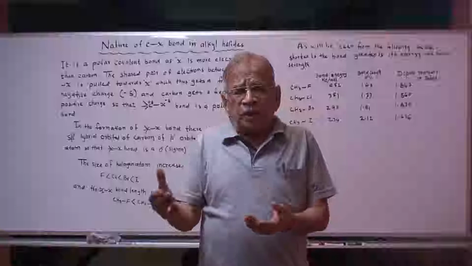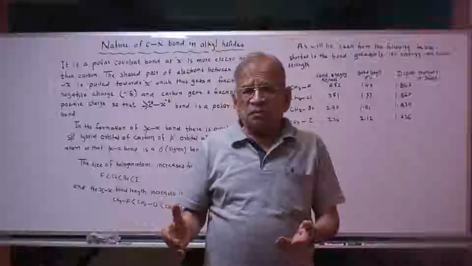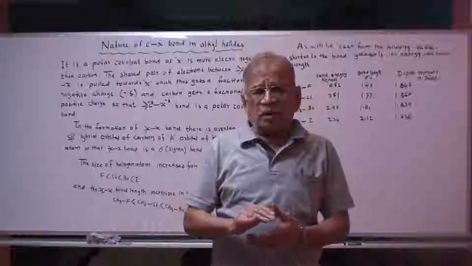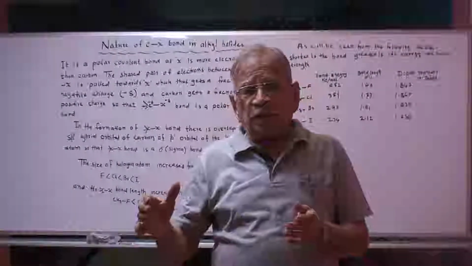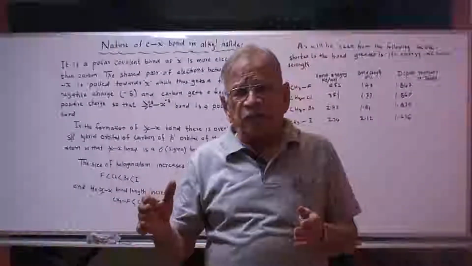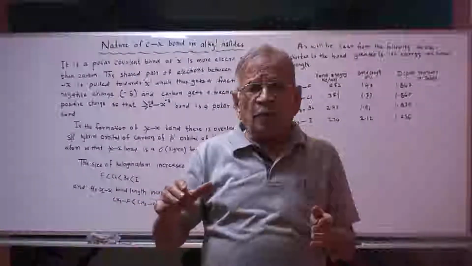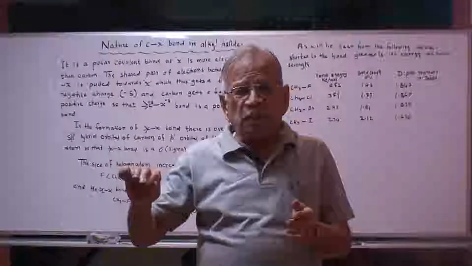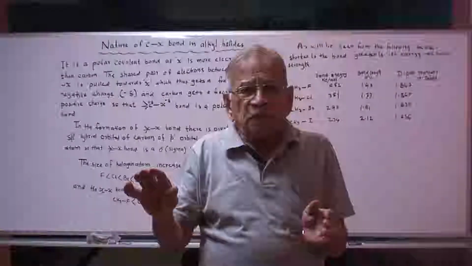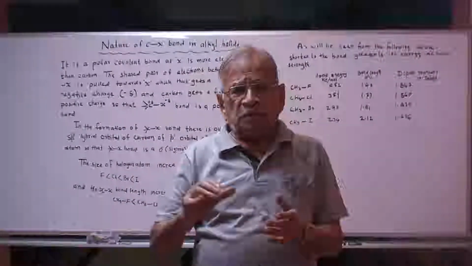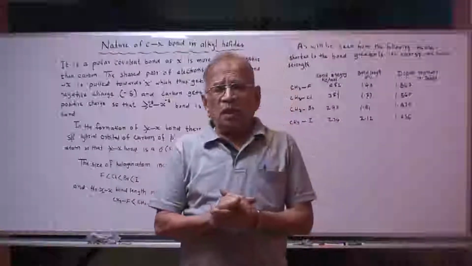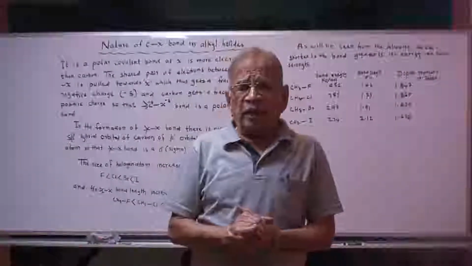Halogen is more electronegative, which means the shared pair of electrons between carbon and halogen in alkyl halides is pulled, not shifted. There is no transference of electrons. It is just pulled by the halogen atom.